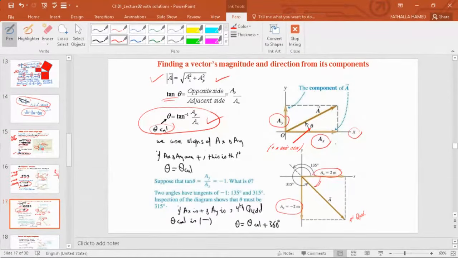But what I want is the angle relative to the positive x-axis. That's why I have to add 360 degrees to the calculated angle if I am in the fourth quadrant. And I know that I am in the fourth quadrant if the x component is positive and the y component is negative.